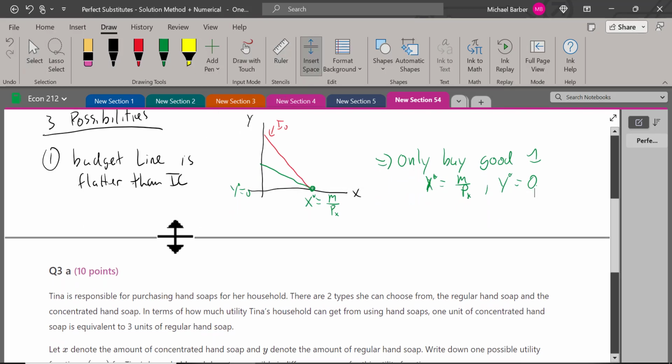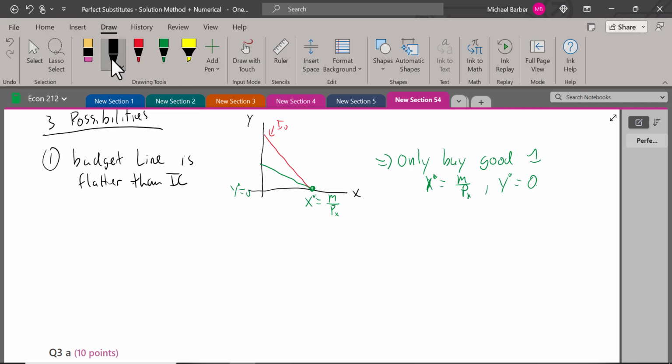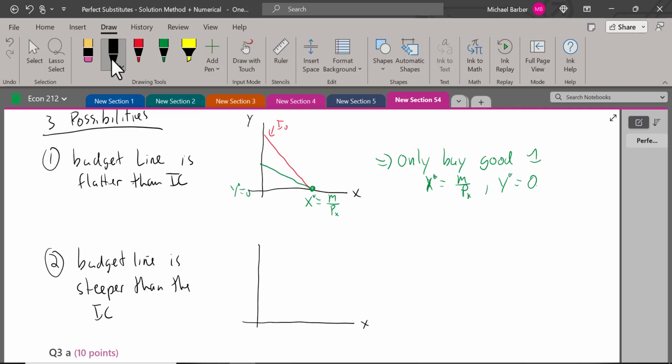So the next possibility is the budget line is steeper than the indifference curve. And we could draw out that possibility as well over here. Here's X and here's Y. And now what's happening is we have a budget line that's something like this. It's steep. And our indifference curve looks something like that.